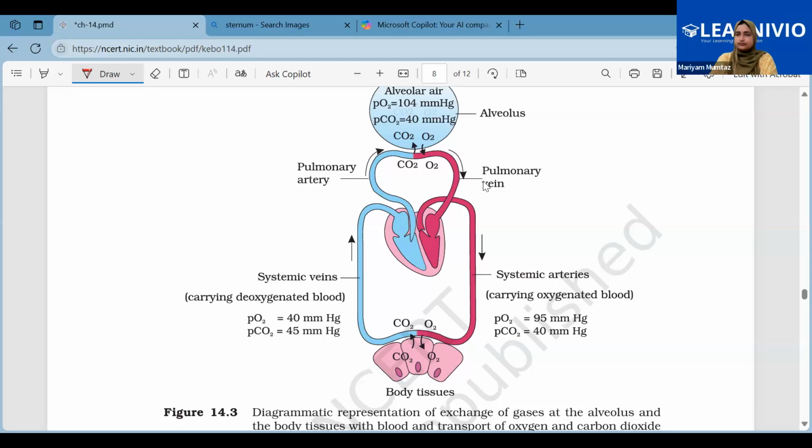The blood enters through the vena cava and then goes to the left ventricle first. Sorry, atria. To the atria, and then from the atria it goes to the ventricle, and then the ventricle through the pulmonary artery sends it to the lungs and it gets oxygenated.